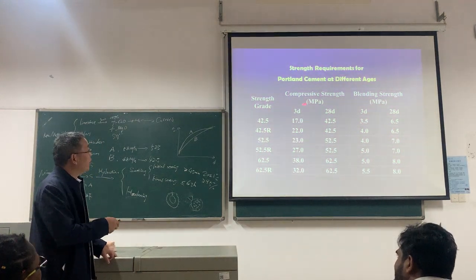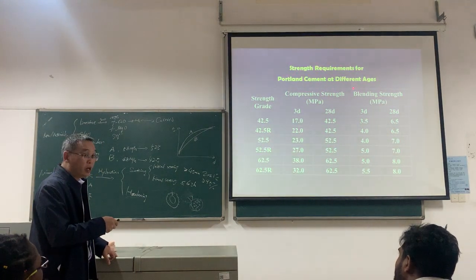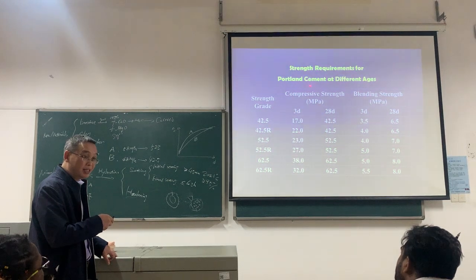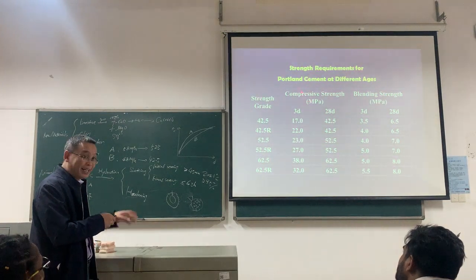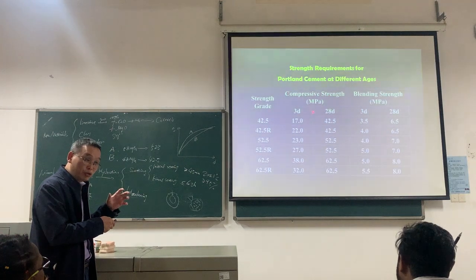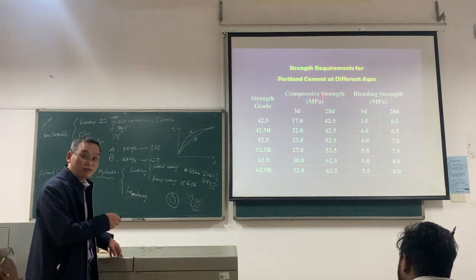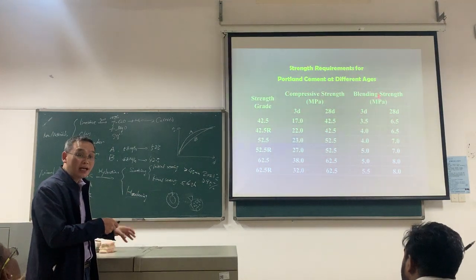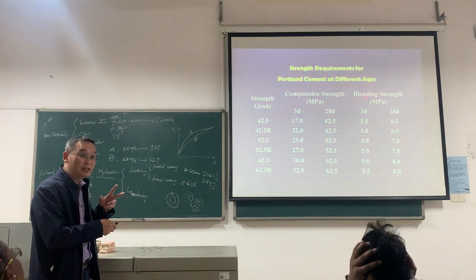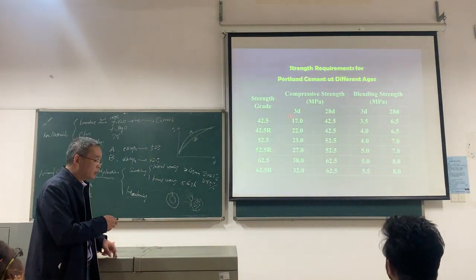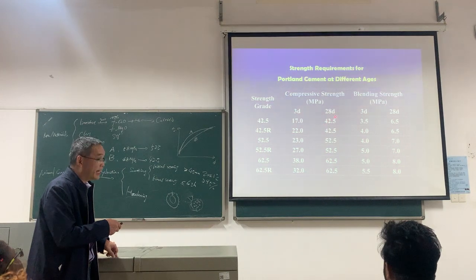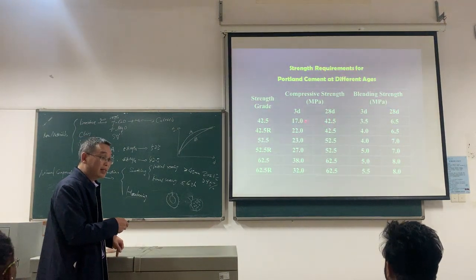And then we need to know how to evaluate the strength grade. We need to get two kinds of strength, compressive strength and bending strength, at two ages, 3 days and 28 days.